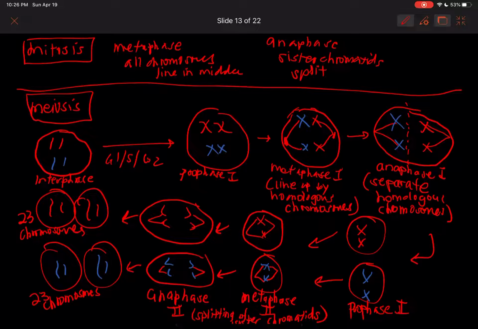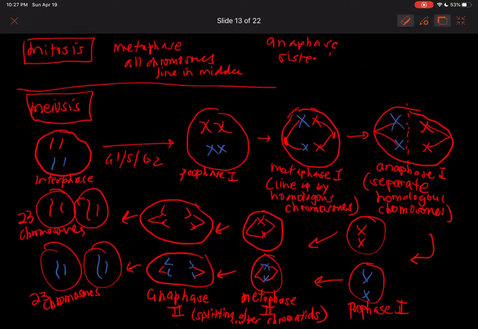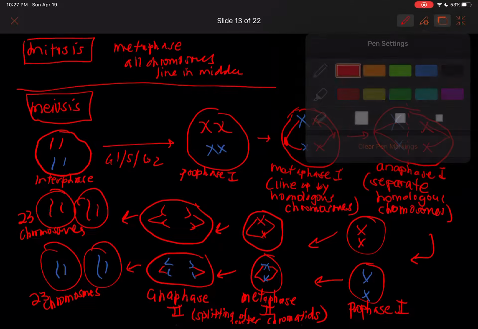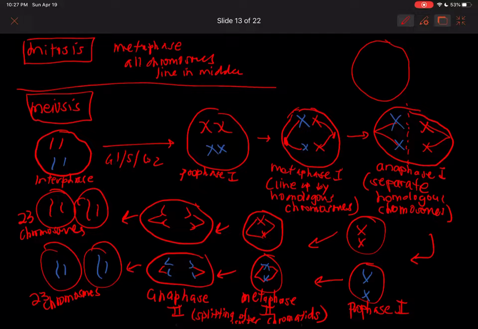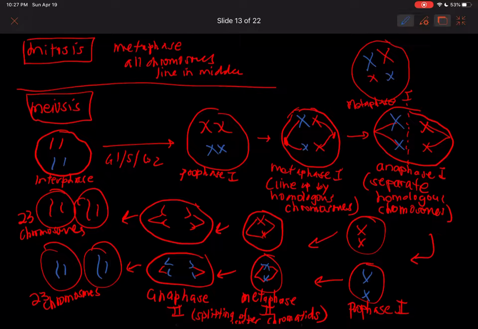Now, if the lab asks you to draw the difference between 2 arrangements of independent assortment, then your other possible independent assortment is, you have your metaphase 1. Your other possible independent assortment will be having red chromosomes on opposite sides and blue chromosomes on opposite sides.